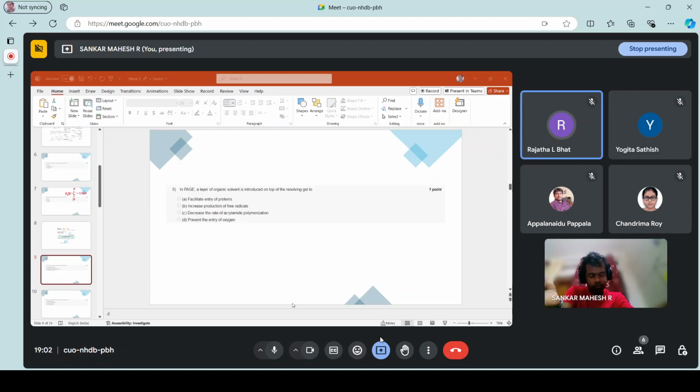Yes, sir. Okay. So now, why do you think we should add this layer of isopropanol? I was telling that we want to prevent exposure to atmospheric air. But why would we want to prevent exposure to atmospheric air?